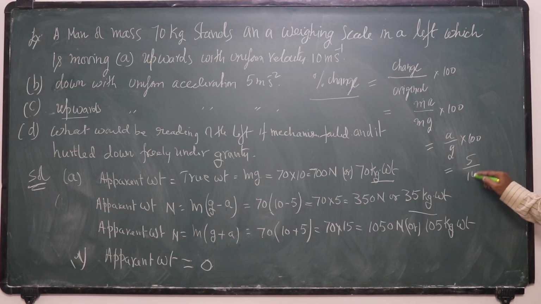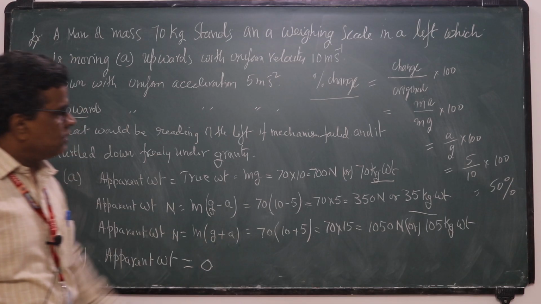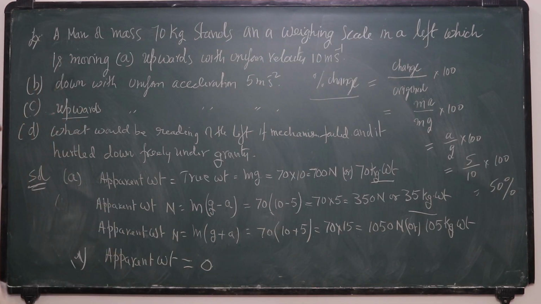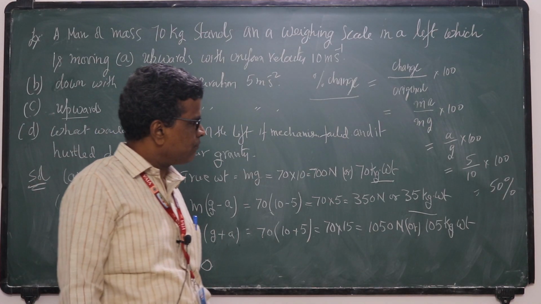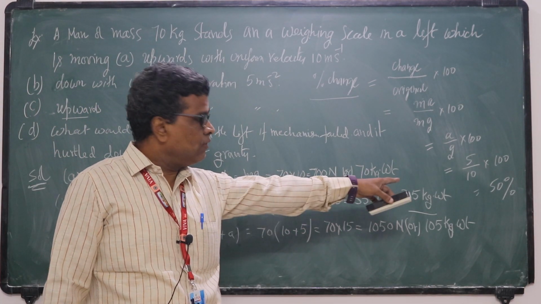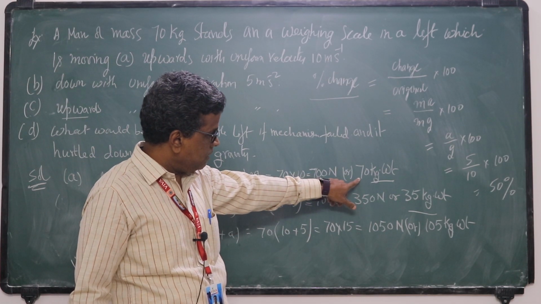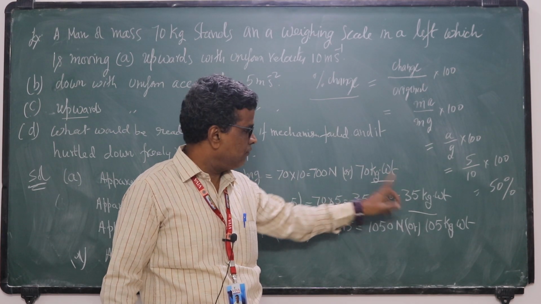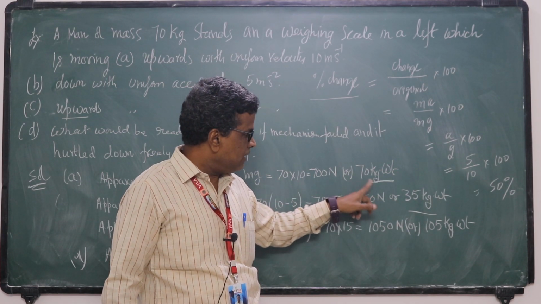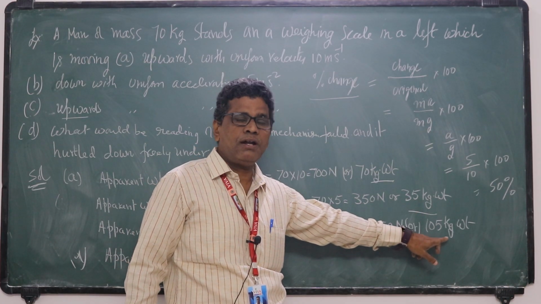That is 5 by 10 into 100. That is 1 by 2, that is 50%. So this is the percentage change we have got. If acceleration is the same in both cases, whether it is moving up or down, 50% change will occur. So you observe here, 70, half of that is 35, 50% decreases. 70, 50% added, that is 35 added, it will become 105 kgs.